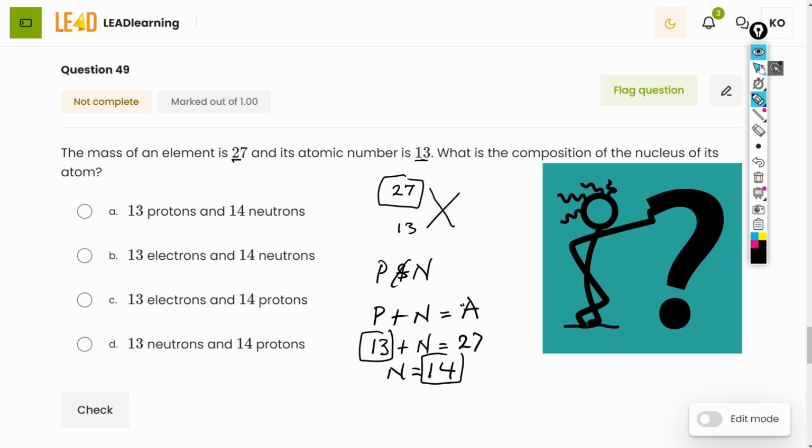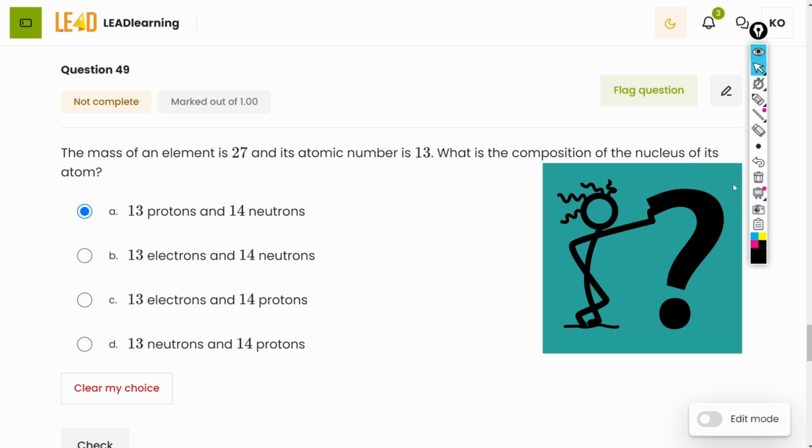So our correct answer is the option A, 13 protons and 14 neutrons. That is the composition of the nucleus, because like I said, in the nucleus we have only the proton and the neutron. It is not electron because electrons are not found in the nucleus, so this disqualifies it. Electrons are not found in the nucleus, and then this is the opposite.